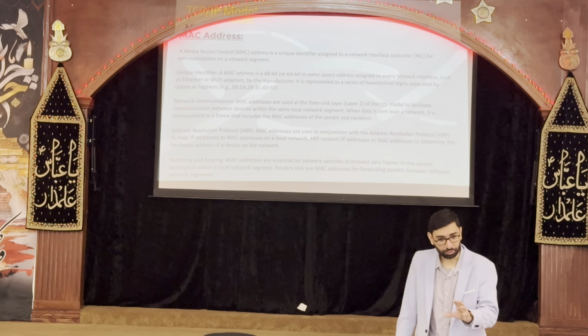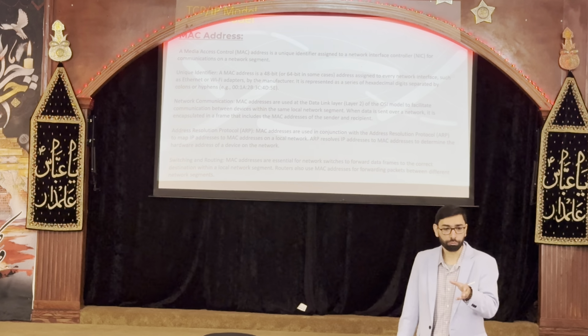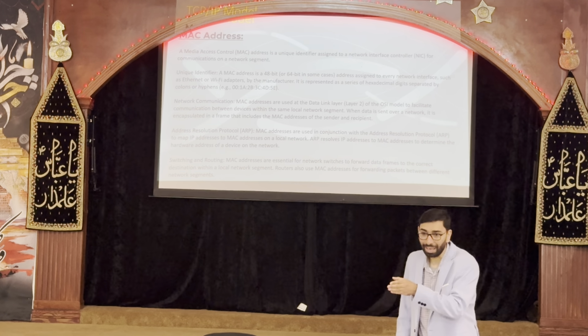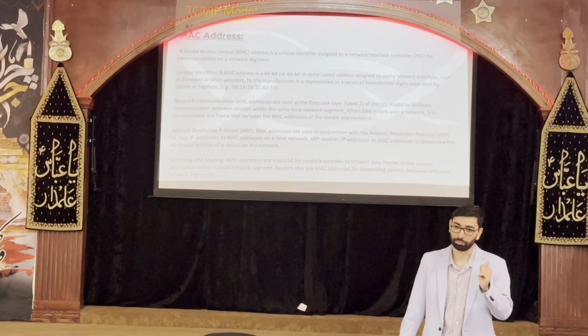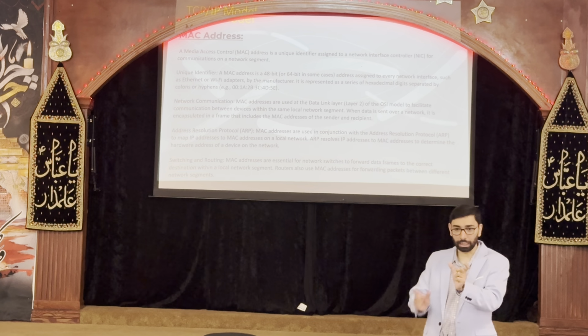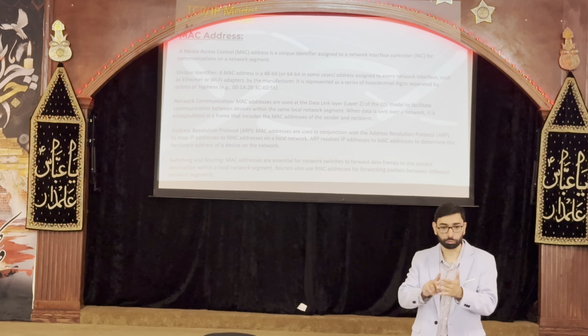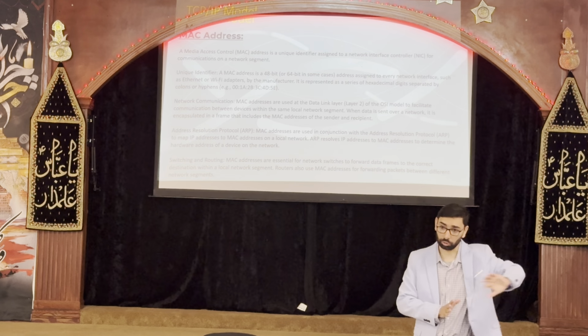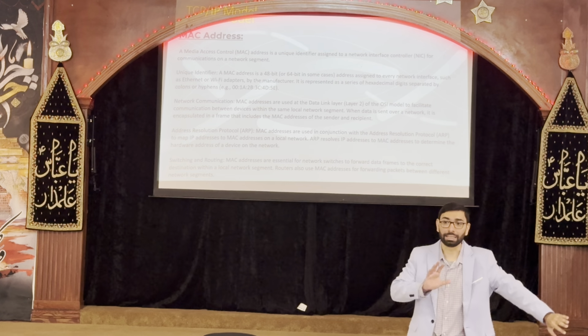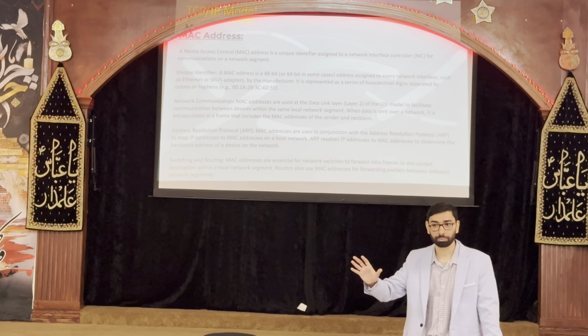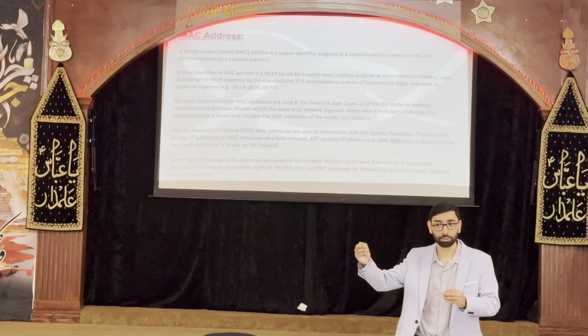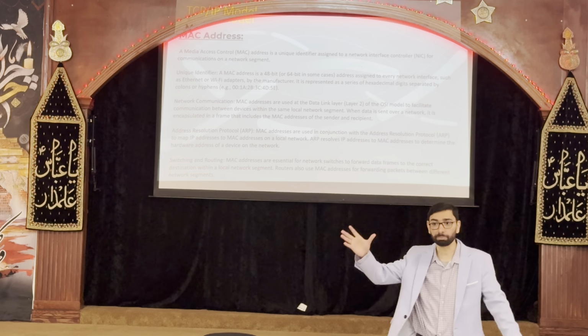So a MAC address consists of 12 hexadecimal characters. 0 to 9 are decimal, like 0, 1, 2, 3, 4, 5, 6, 7, 8, 9. So 10 characters are there. The next 6 characters, because it's hexadecimal, decimal is already there, and hex means 6.